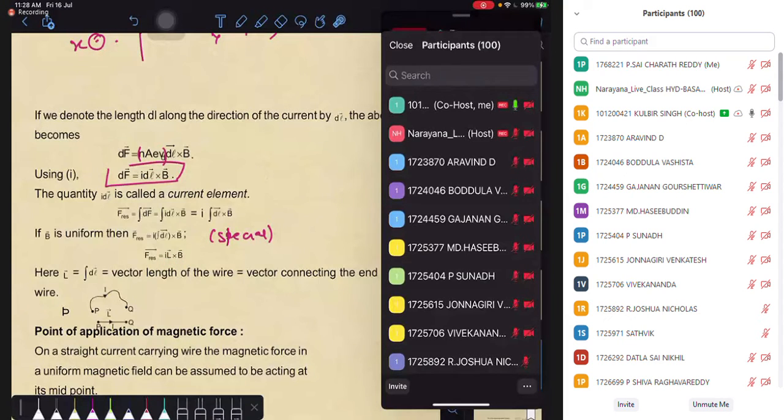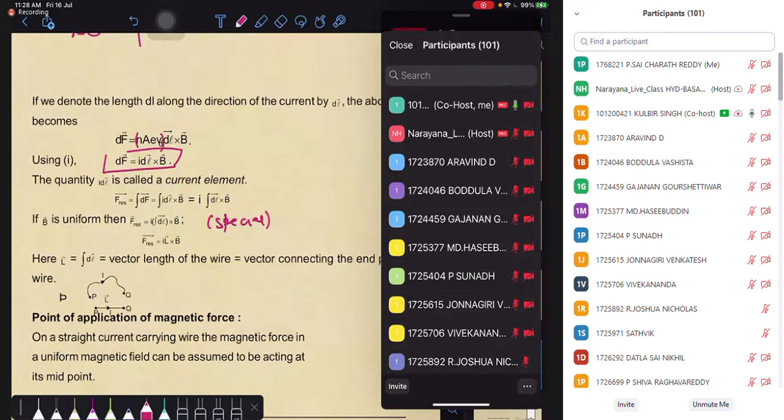Here, what does L mean? It is the vector sum of all the elements. Suppose we have a wire from P to Q. L is a vector sum, so it is basically going to be my vector PQ. So for constant magnetic fields, and in many problems you have a constant magnetic field, it is an easy way.